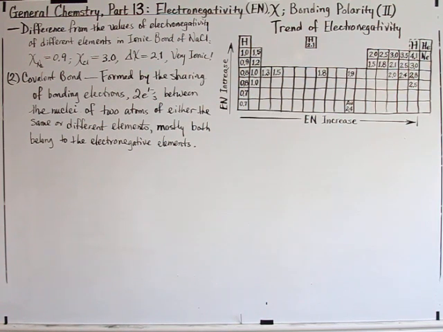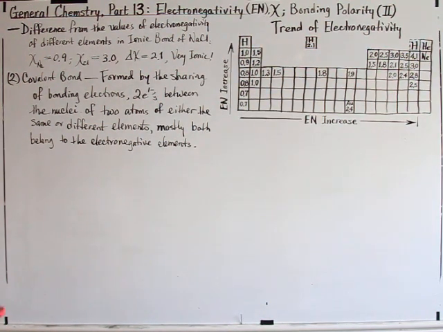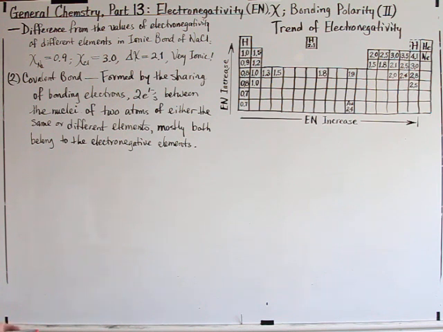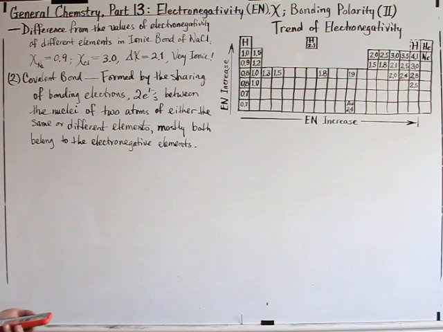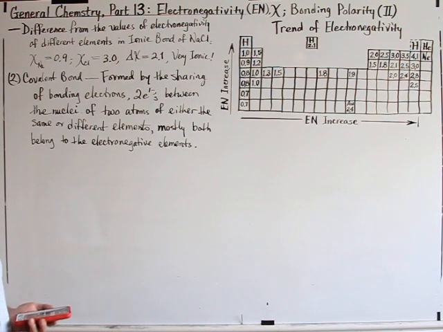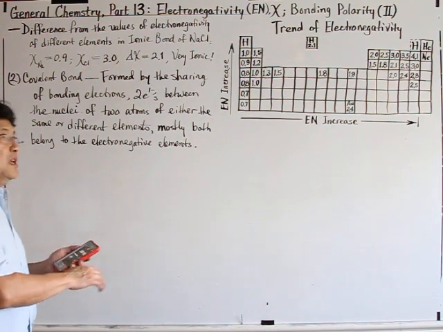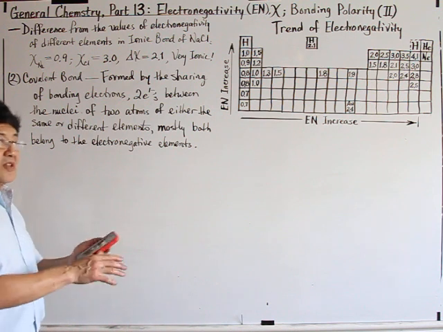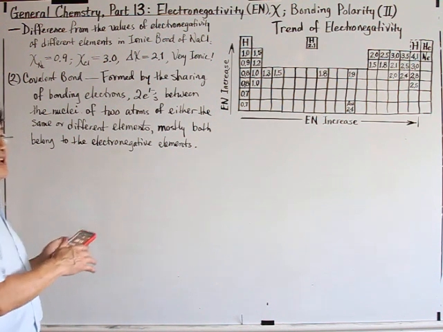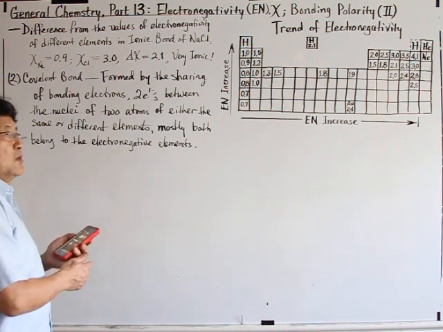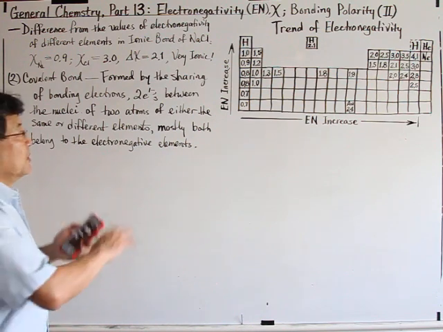Okay, let's continue. Last part 12, we ended at the point where we talked about ionic bonding. Ionic bond was defined as the electron pair, which we call the bonding electron, coming from an electron completely transferred, in most cases, from the electropositive element to the electronegative element in the periodic table.